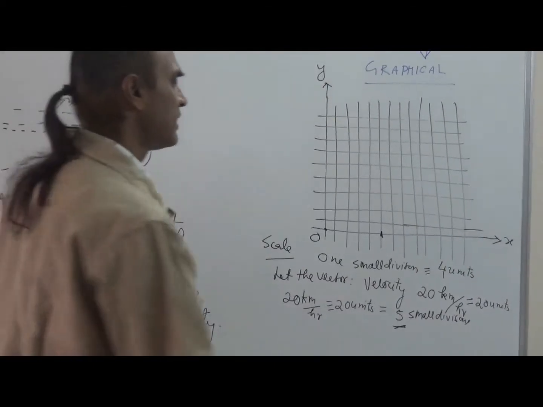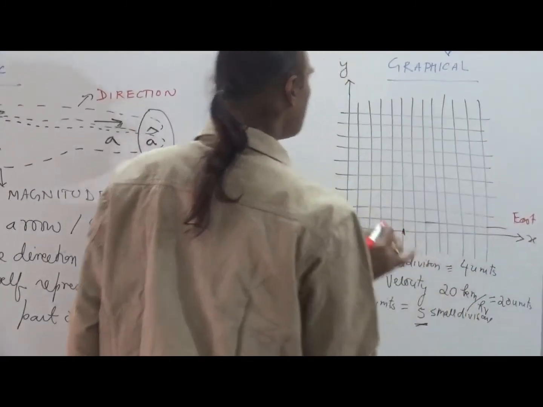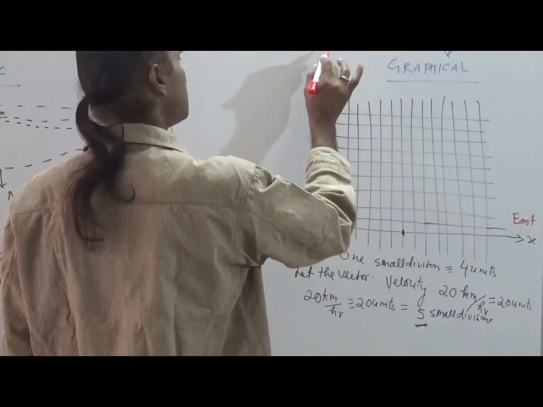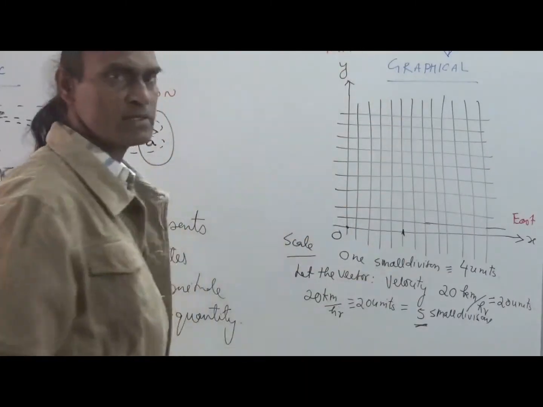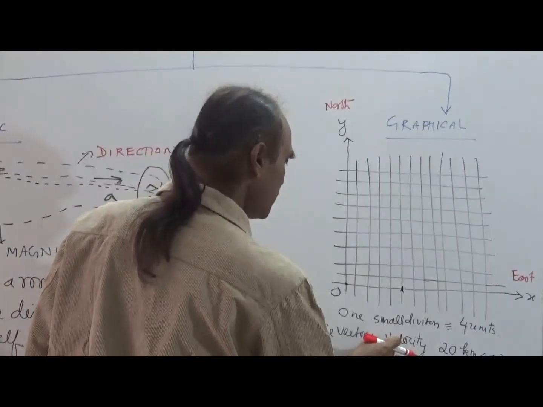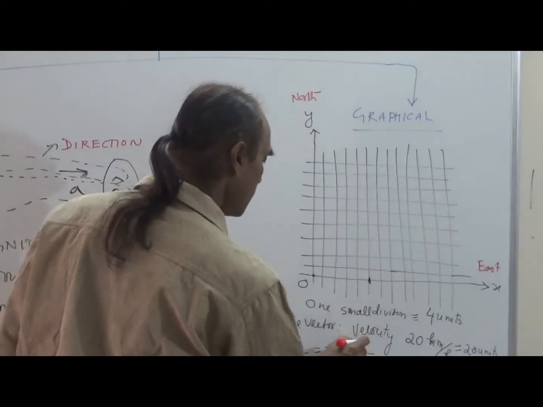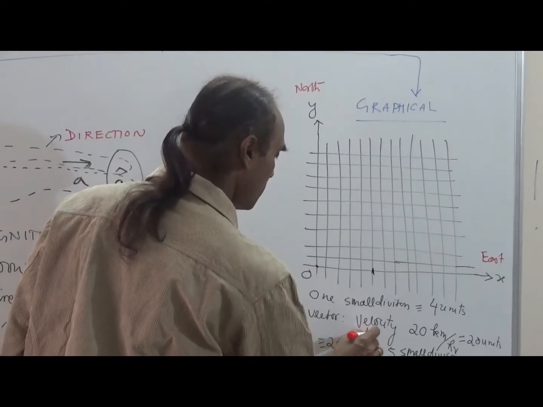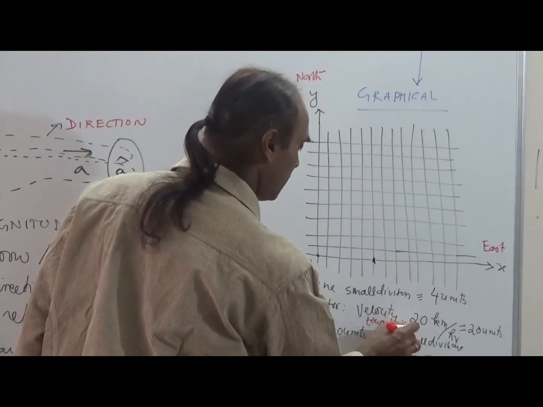Along the x-axis is the east direction, along the y-axis is the north direction. Velocity of 20 km per hour, but we have to mention the direction, towards east.